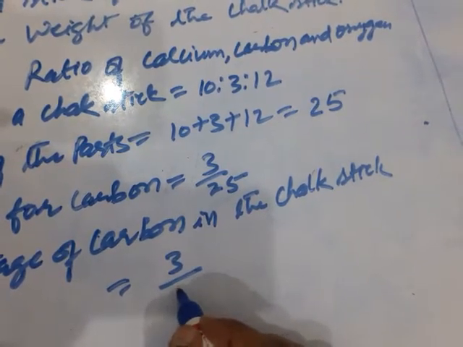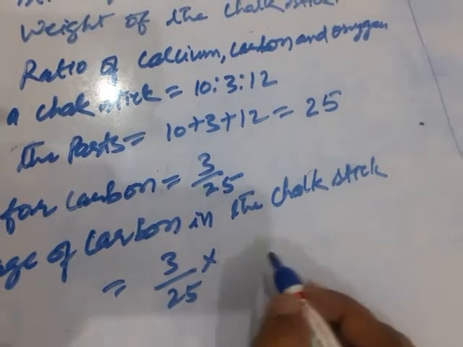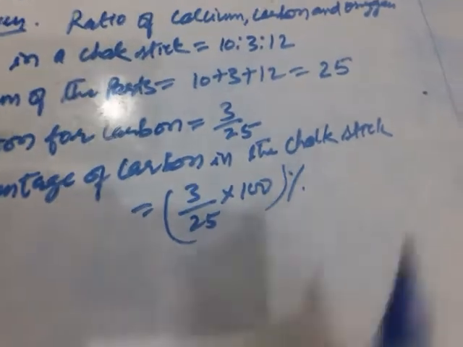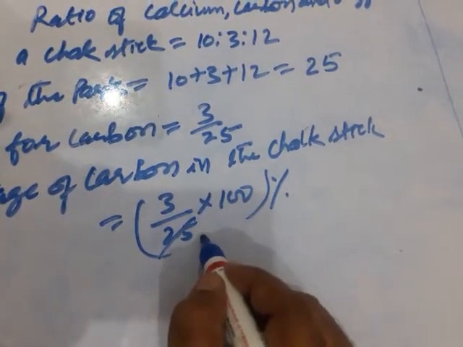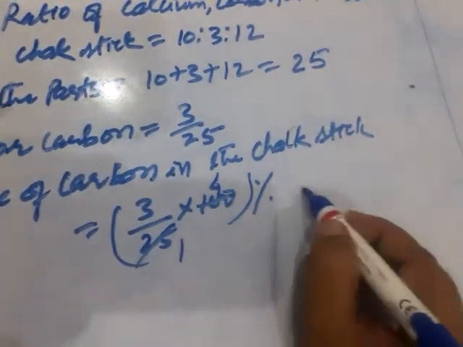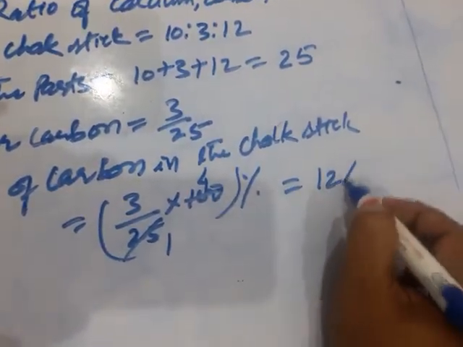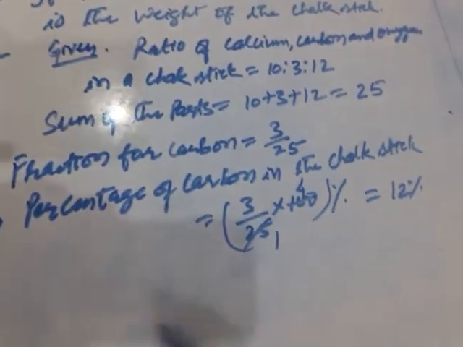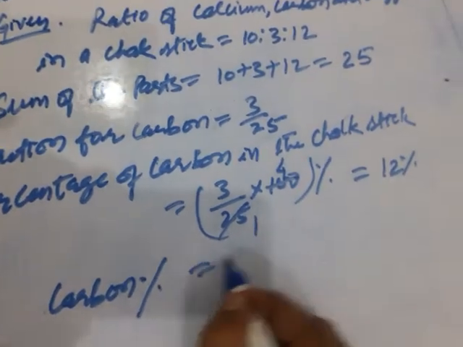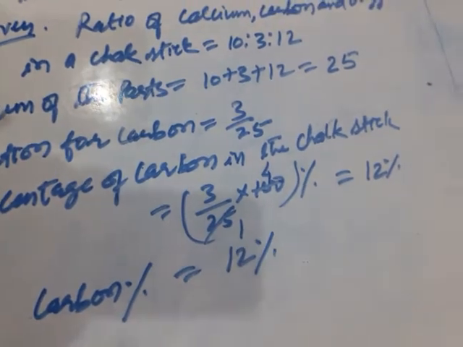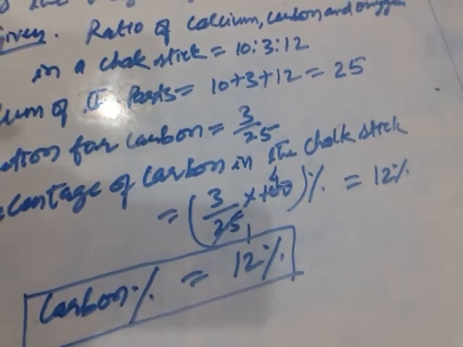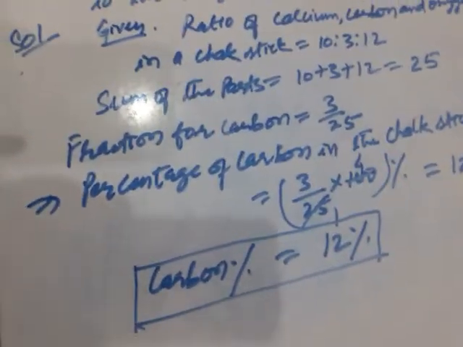Fraction for chalk stick 3 upon 25 multiply by 100 and put the symbol of percent. Now you can solve it. 25 1 is 25 and 25 4 is 100. This is equal to 4 times 3, 12%. So what is the carbon percent equal to? Carbon percent is 12%. Okay, children. So this is the first answer you have got. Carbon percent is 12%. Now what is the second part, children?